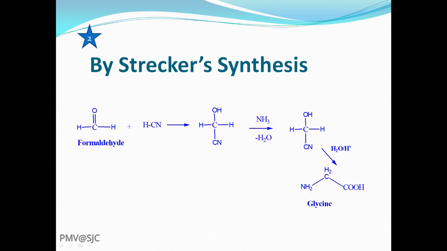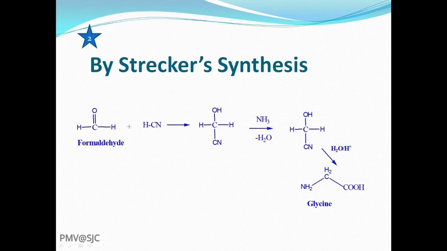Here in this equation, we can see that formaldehyde is reacting with HCN, and the cyanohydrin after formation reacts with ammonia, so the amino group is added there. Next, subsequent hydrolysis results in glycine.